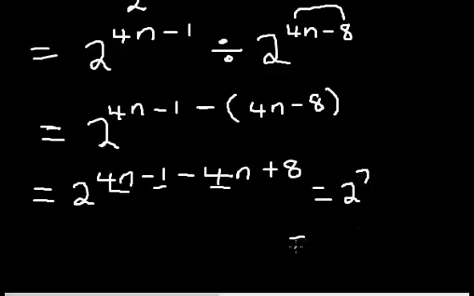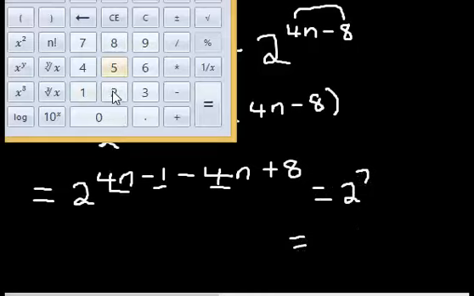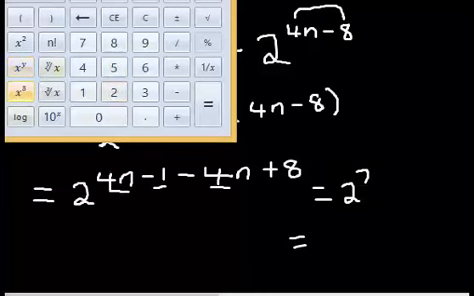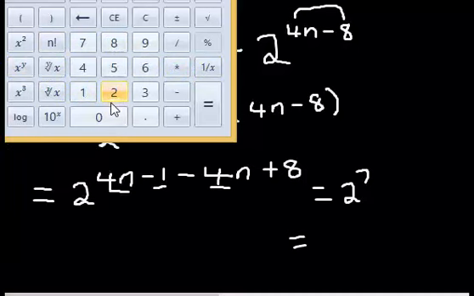If I do 2 raised to the power 7 with the calculator, let's do times 2 times 2 times 2 times 2, that's 32 now.